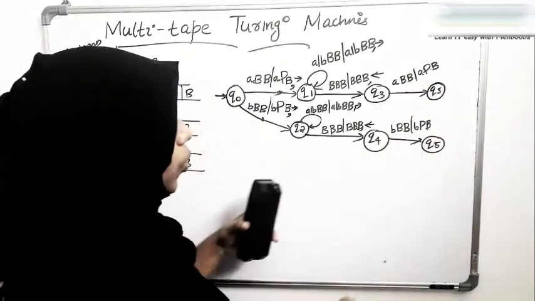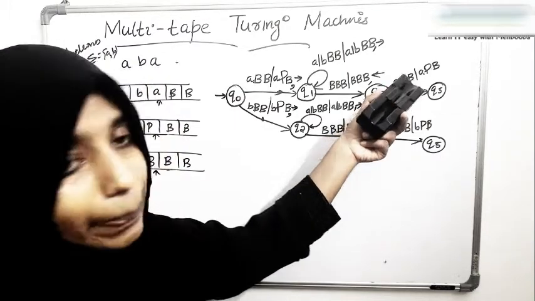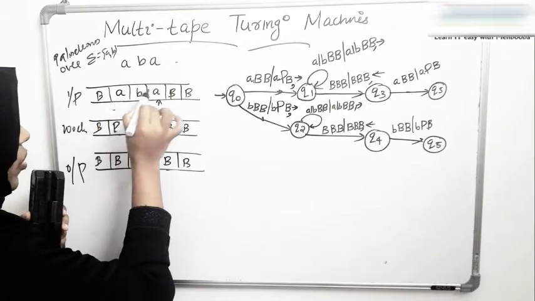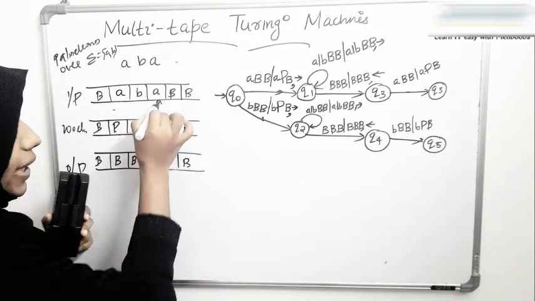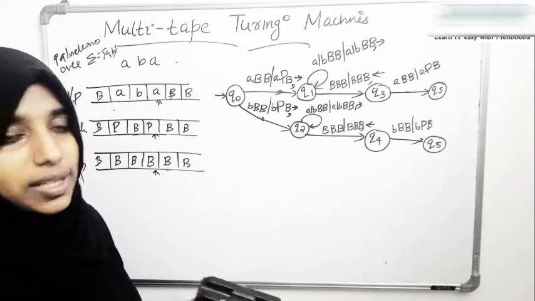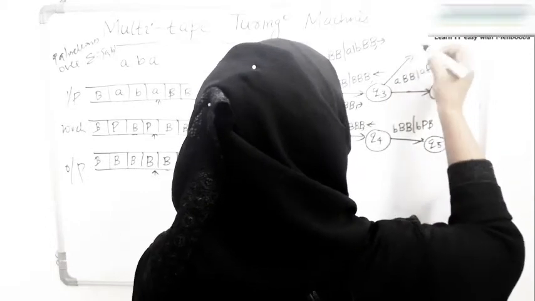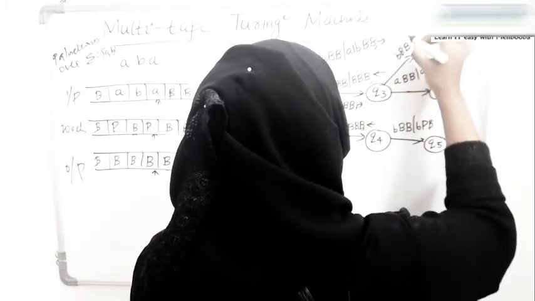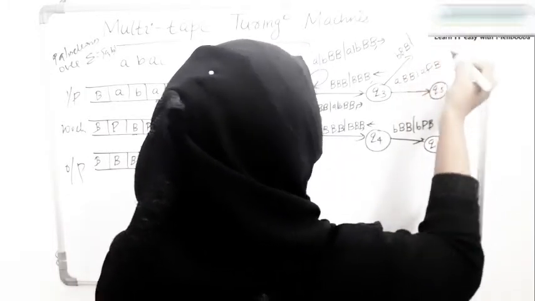See, at this point, if we are getting a B instead of this A, that is, this was an A and we reached the end, we are expecting an A. If we are finding a B here, that means your string is rejected, isn't it? The string is not a palindrome. That is, if you are getting a B and blank in the other two tapes, that means your string is rejected.